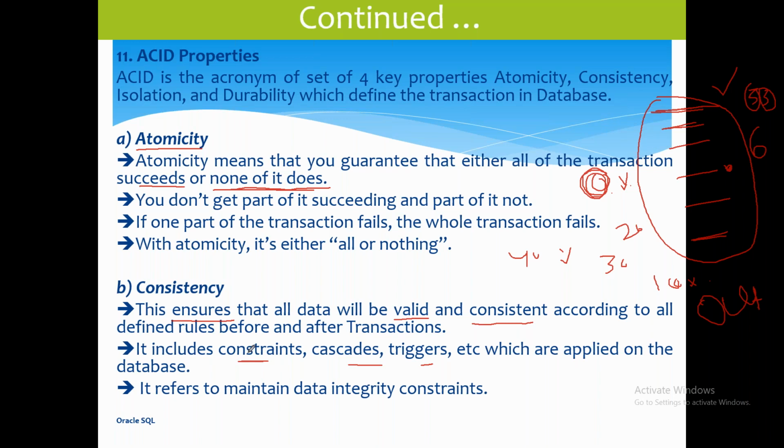Always it will try to maintain consistent data, valid data, very good information only. Unwanted things it will not keep, junk data it will not keep, duplicate data it will not keep. These kinds of things will be ignored, and only valid, consistent information it will keep. For that, some rules, processes and concepts are already available. So this is called consistency.